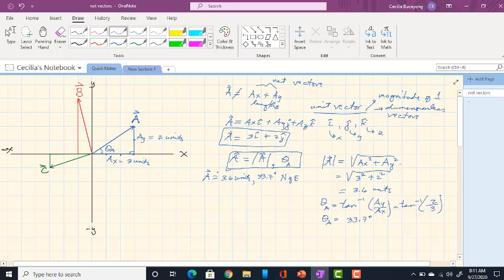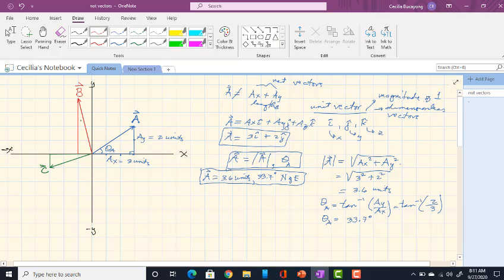Okay, this is now the expression using magnitude and direction to define our given vector A. And this is also the expression A is equal to 3 i hat plus 2 j hat in defining vector A using vector components. So you can apply the same concept in determining the components of other vectors.